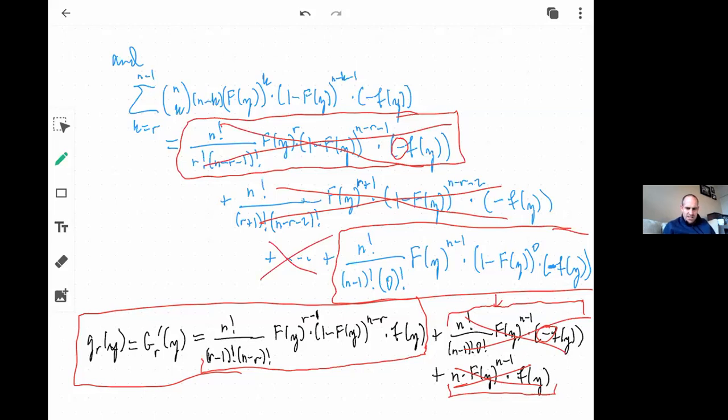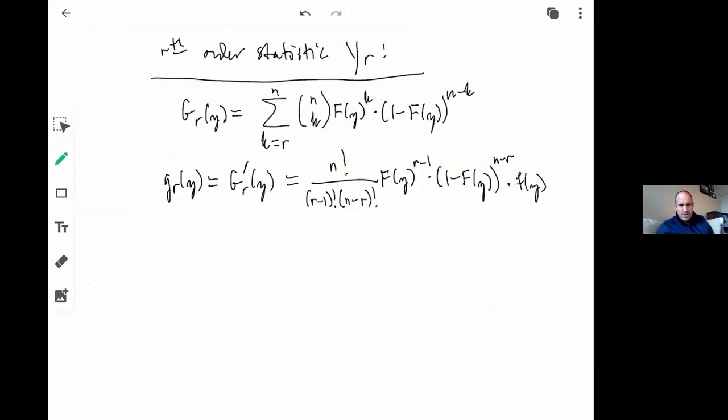I'm going to copy that down on the next board here. And here it is in all of its glory. We have the rth order statistic, Y_r. There is the CDF sitting right there. And remember we got at that by thinking about success, meaning that the ith random variable X_i was smaller than y itself.